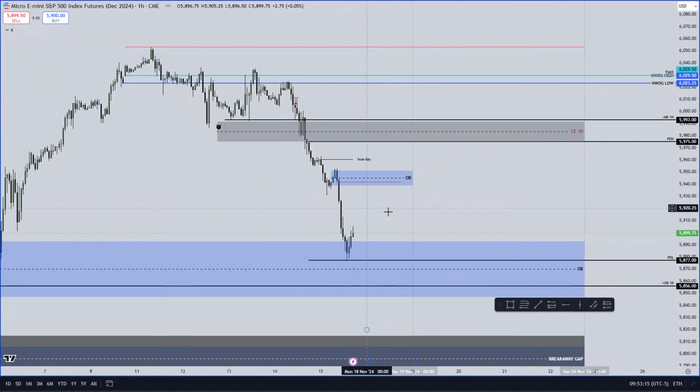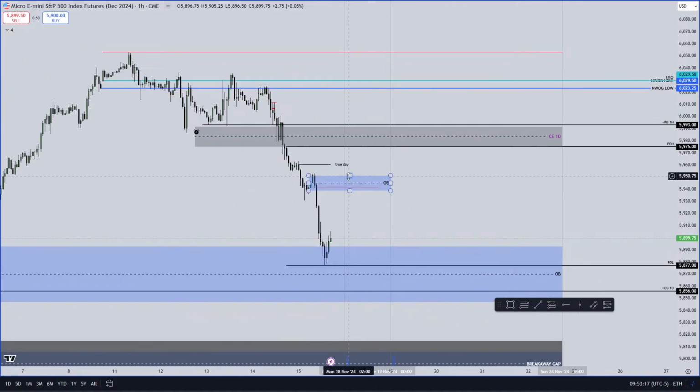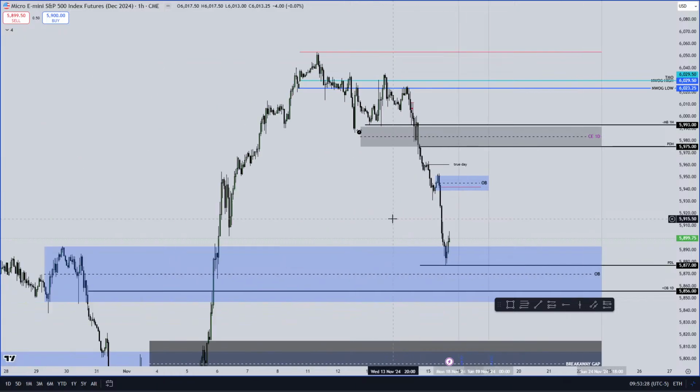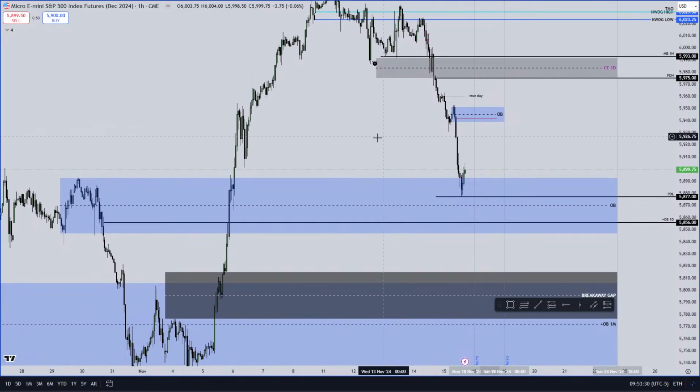Let's see how the price reacts from there. If it breaches this, then it depends tomorrow on how the market is going to see the quarterly theory.